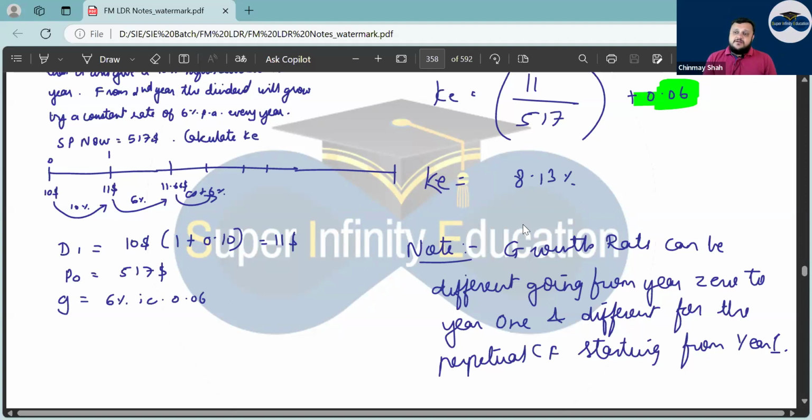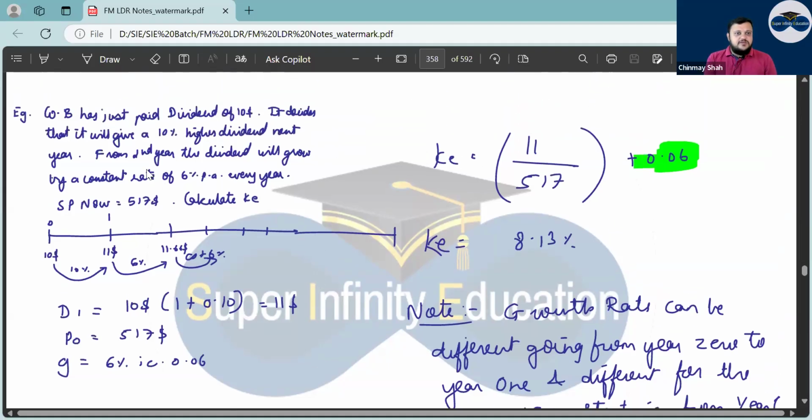But they'll say after that, the growth will stabilize at 3%. Correct? First, from 0 to 1, it is 7%. But from 1 going ahead, it is 3%. So are two different rates given? Yes. From D0 to D1, 7% is the growth rate, but from D1 up to perpetuity, 3% is the growth rate.